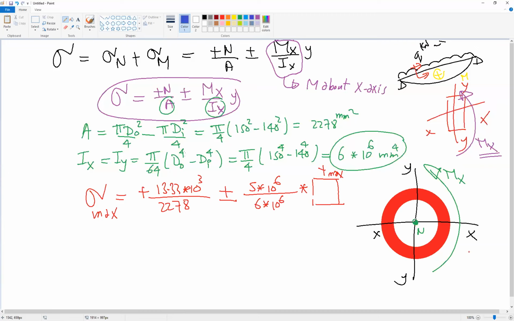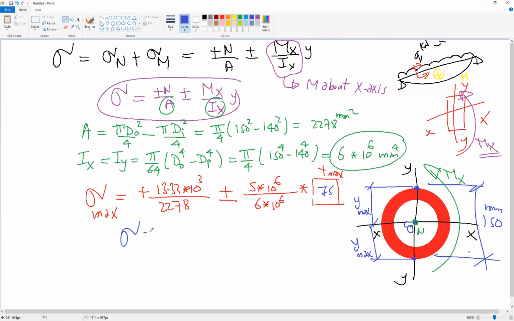Y is the distance from the CG to the farthest point. This is y max, and this also is y max. Here y max will be, since the section height is 150 millimeters, 75.